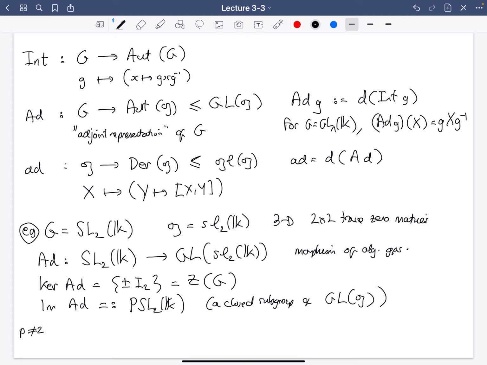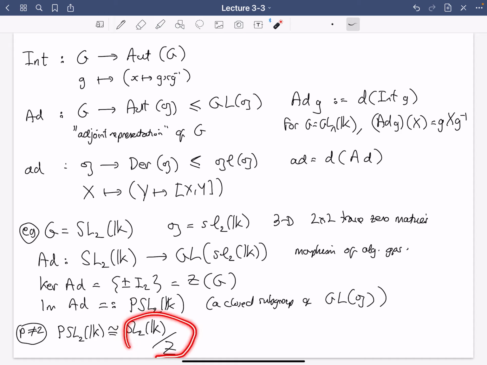I think we did talk about some of these things a little bit before, but if the characteristic p of the field K is not 2, I think I noted before that PSL2 of K was actually isomorphic to SL2 of K quotiented out by the center, that was just plus or minus the 2 by 2 identity matrix. And this was the quotient as an algebraic group, one of those things I hadn't actually defined. So this was as algebraic groups.